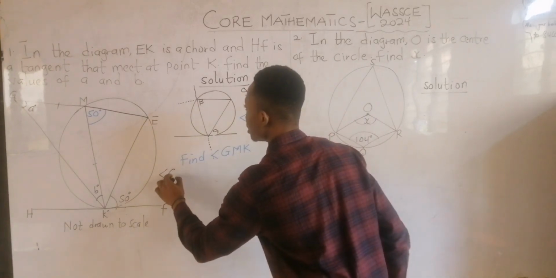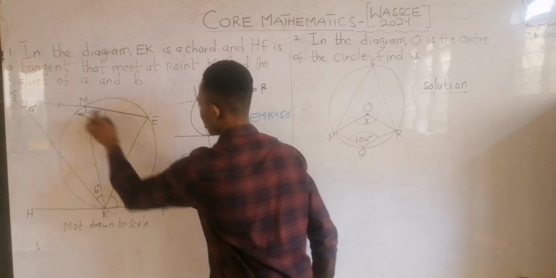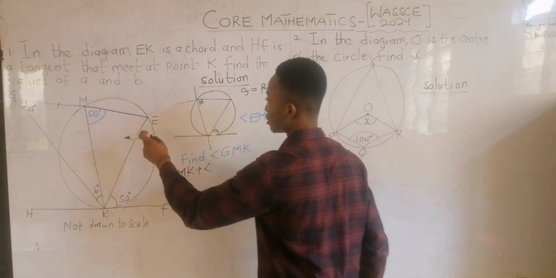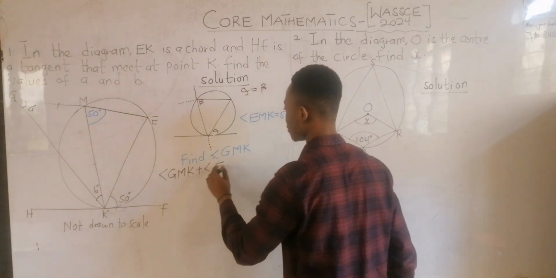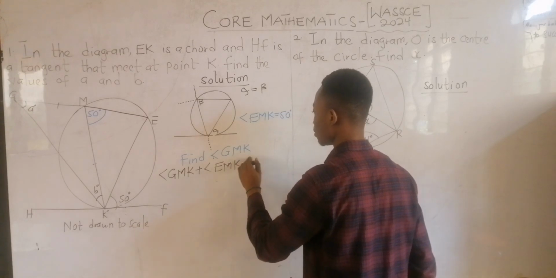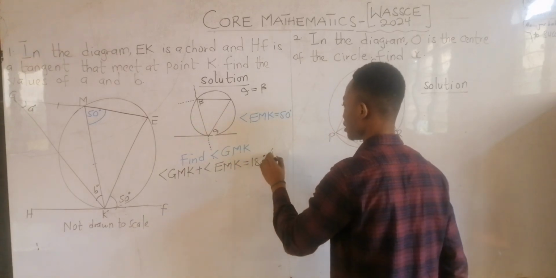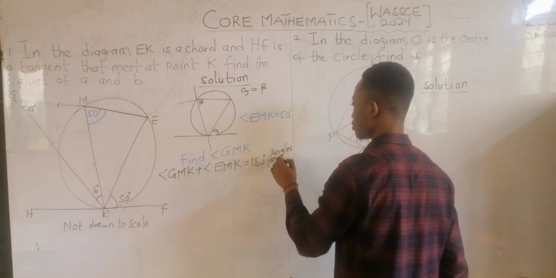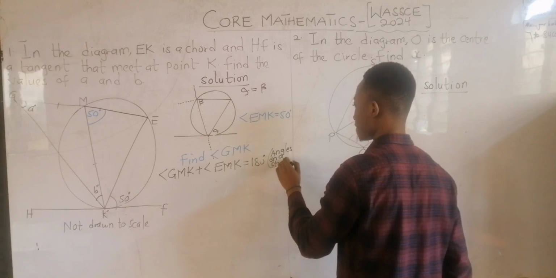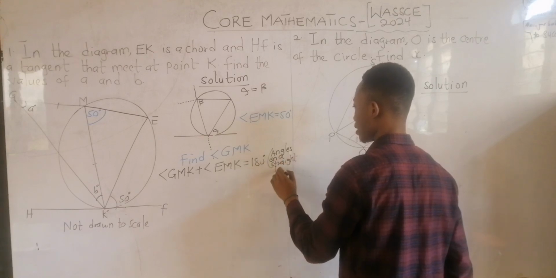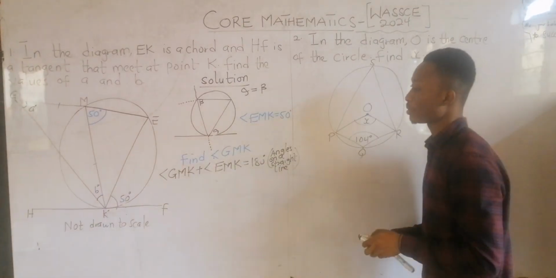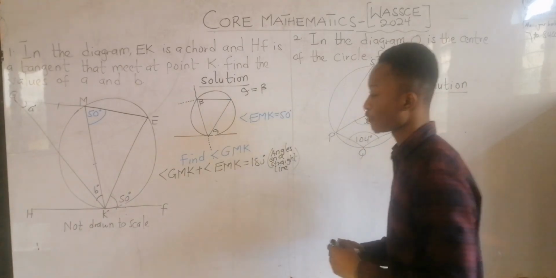So angle GMK plus angle EMK is equal to 180. And that is angles on a straight line, or linear pair. Good. So we then continue from there.